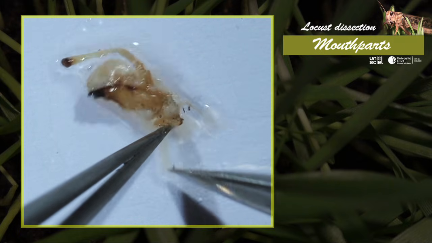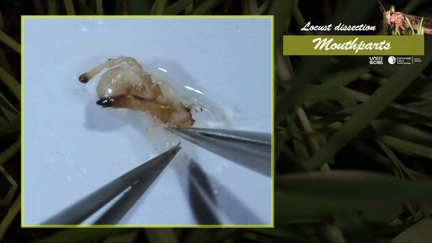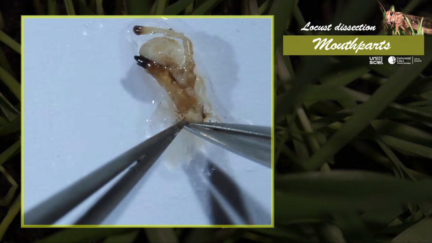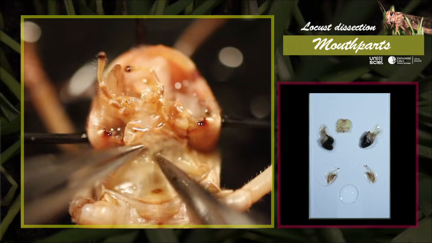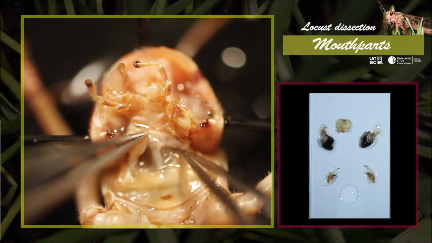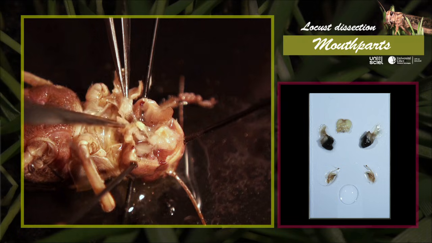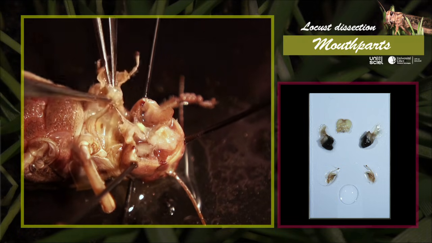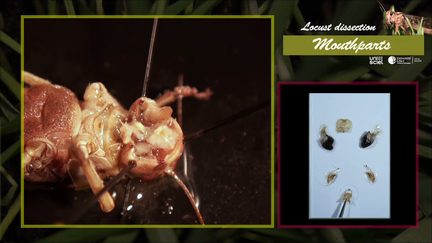The apodemes of the maxillae are also cleaned from muscles. Finally, after cutting the neck's synovial membrane, take out the labium and place it on the slide.